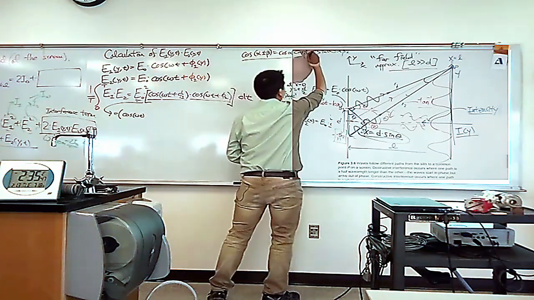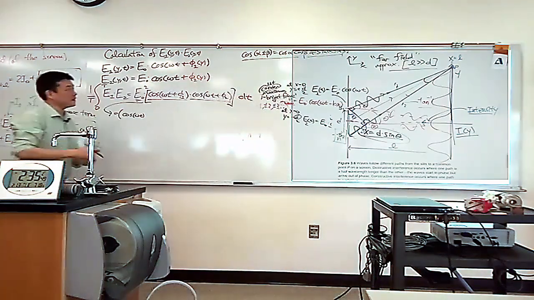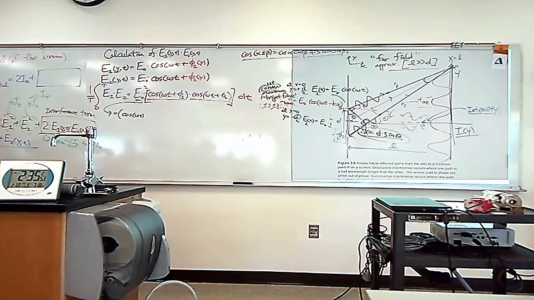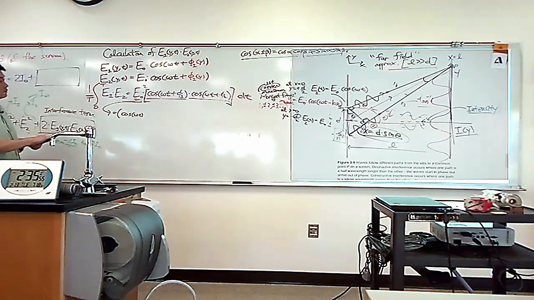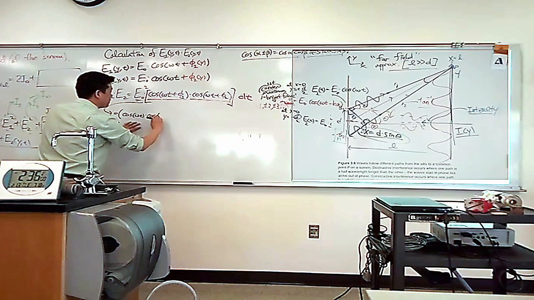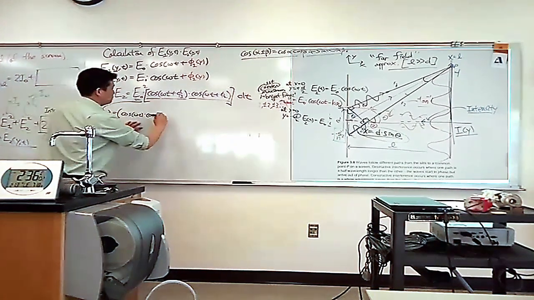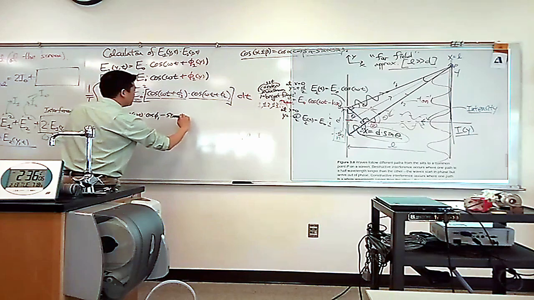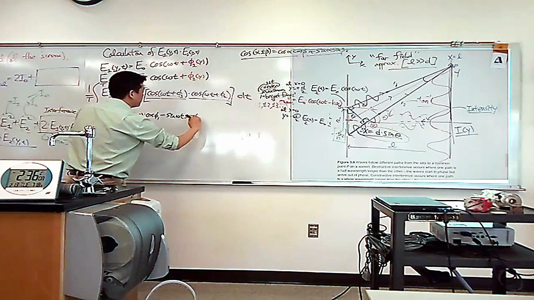That's the trig identity that I'm using, that hopefully everyone by now remembers. And so cosine of omega t times cosine of phi1 minus sine of omega t sine of phi1.